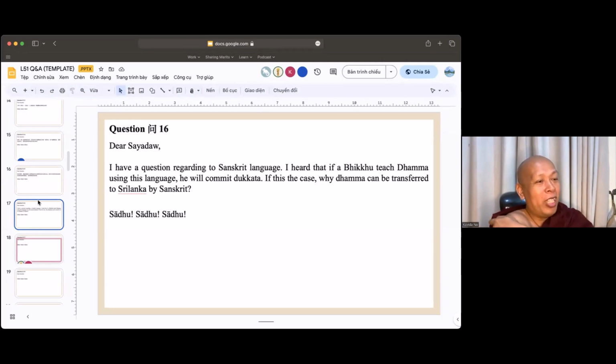You may know that the second council and the third council were in Pali. When Mahinda went to Sri Lanka, he transferred the Dhamma in Pali, not Sanskrit. One more thing: we call it Tiracchana Vijja in Pali, as we have already explained in the Visuddhimagga. Learning Sanskrit is also Tiracchana Vijja. That's why it's a dukkata.